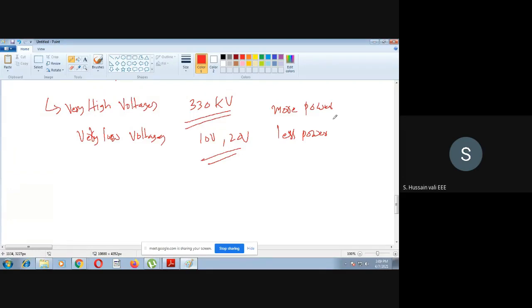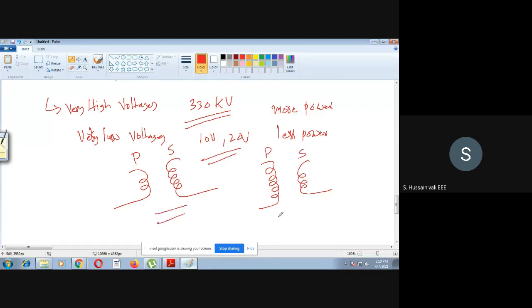And another thing you must understand is that just now we have seen the symbol I have shown you, primary, secondary. I will let P here, I will let S here. So different transformers, step up, step down, different types.